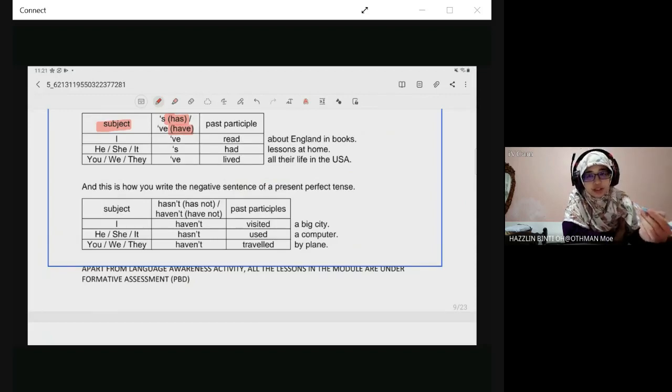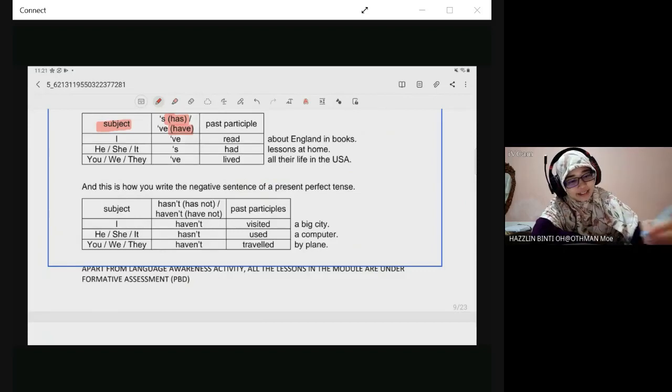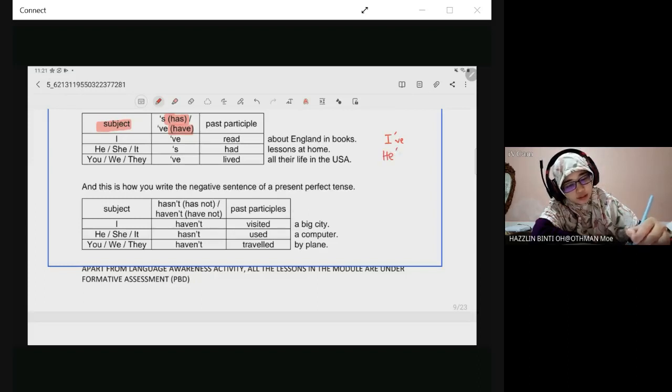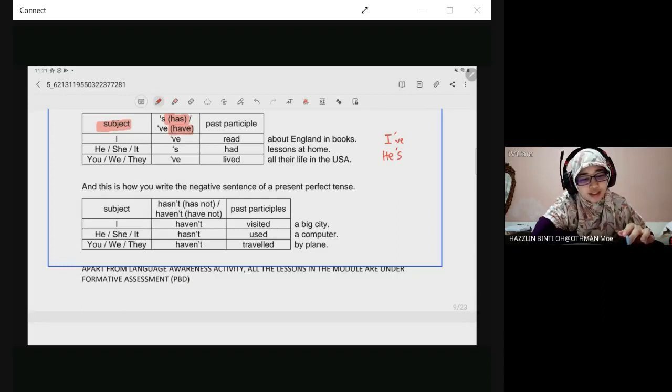So when you write it in a sentence, you write I've, and you pronounce it as I've. For the second one, you write he's, and you pronounce it as he's, she's, or it's.